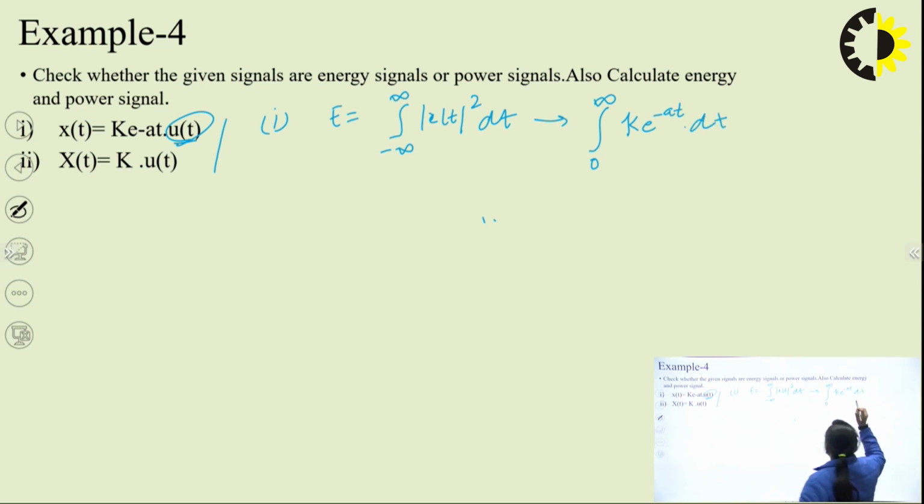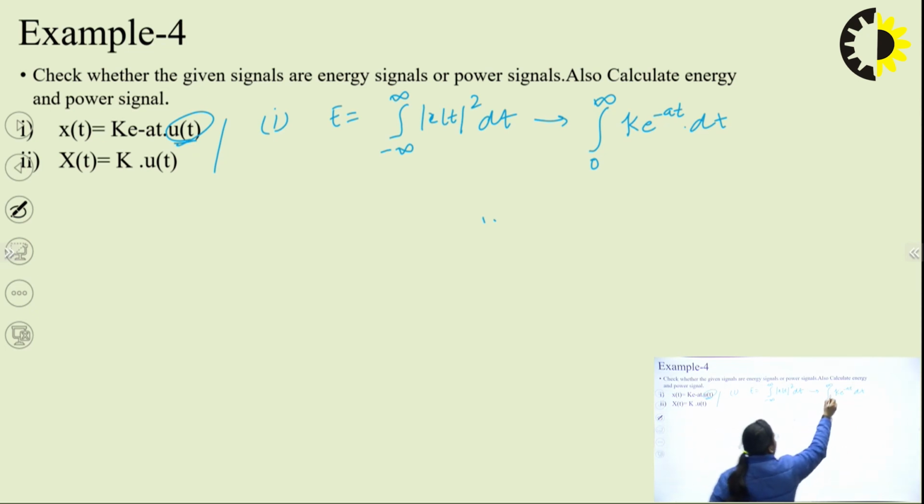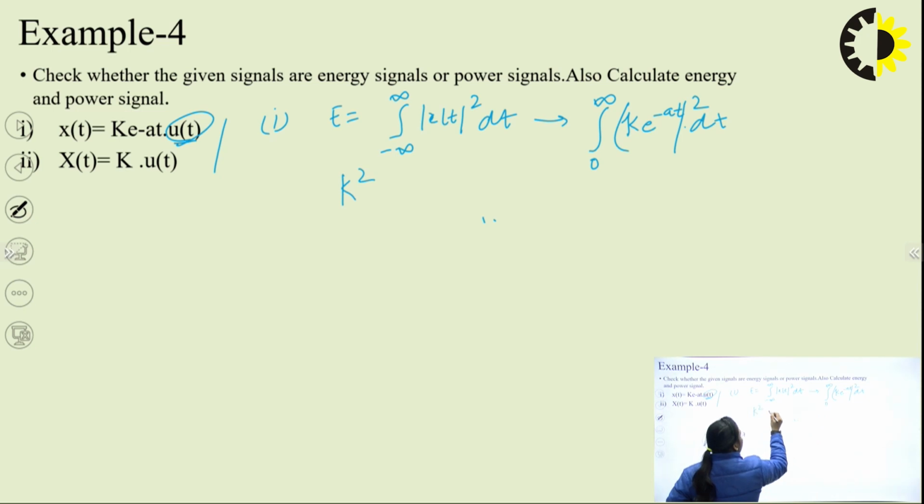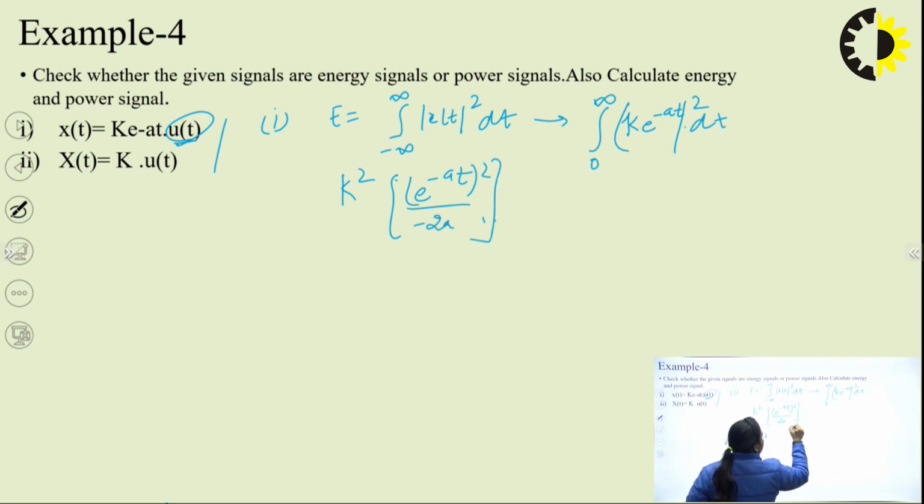And dt, right? Now, its whole square, okay? So k square, when I am integrating this term e raised to power minus at whole square, will be equal to minus 2a, okay? And the infinite limit will be 0 to infinity.